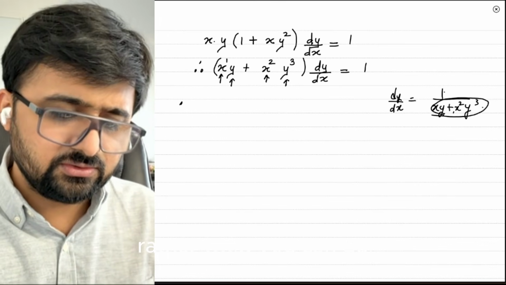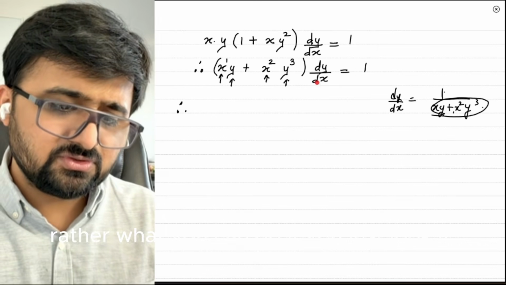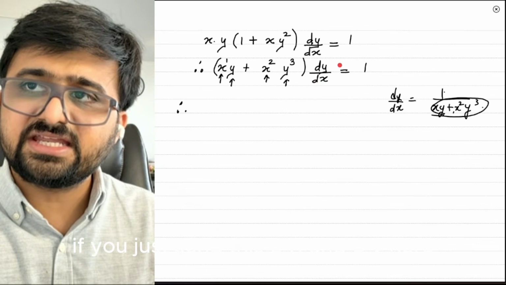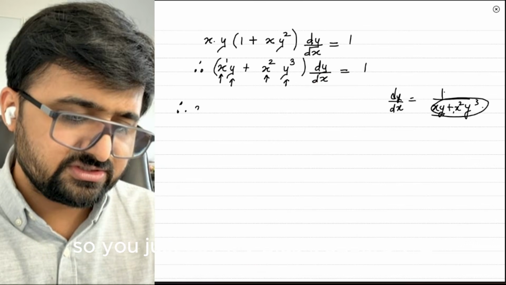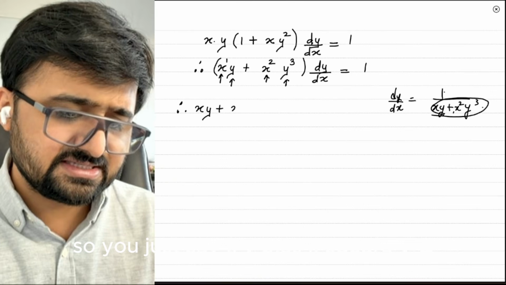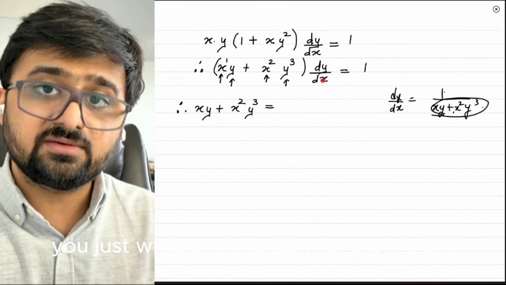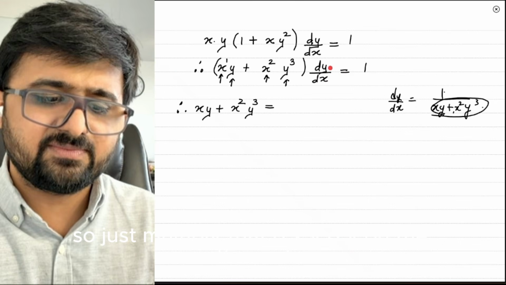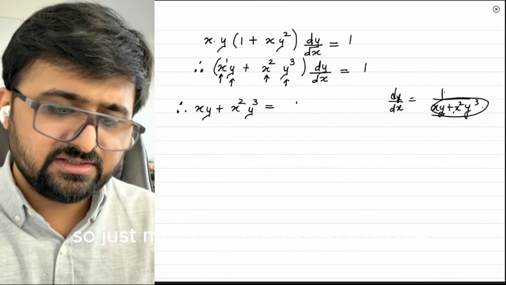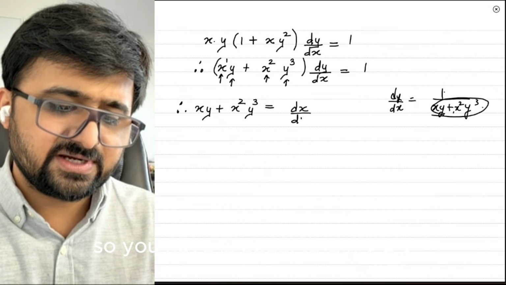Rather, what you can do is write it in terms of dx by dy. Just multiply dx by dy on the other side. So you have xy plus x square y cube is equal to dx by dy.